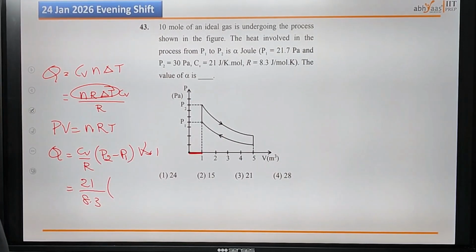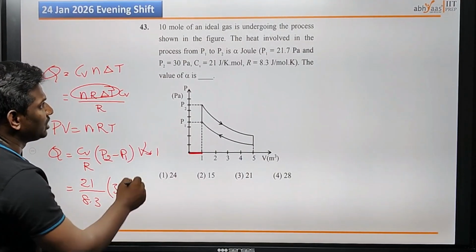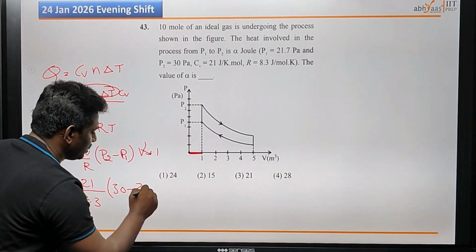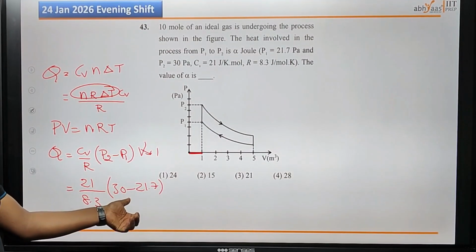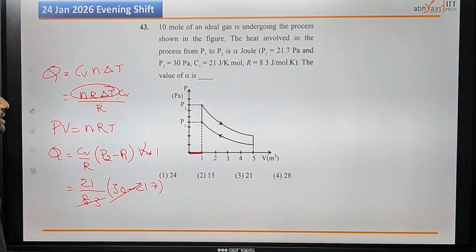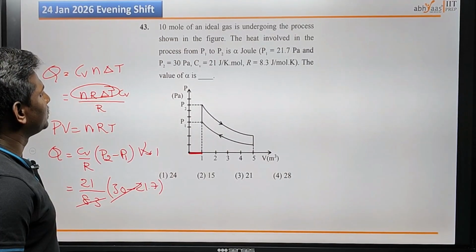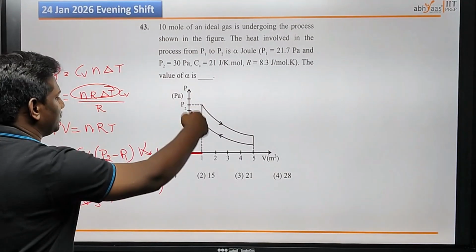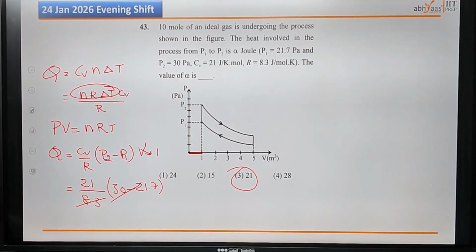What is P2? P2 they have given already, 30 minus, what is P1? 21.7. If you subtract, you will get 8.3. 8.3 gets cancelled. Then the value of alpha is nothing but 21.